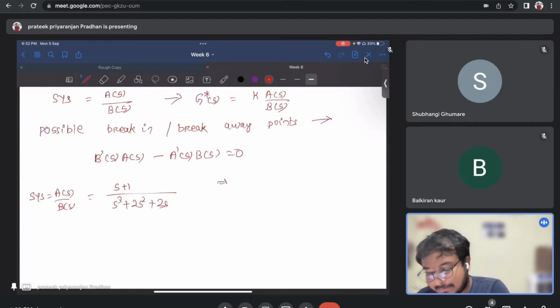That means my A of S is S plus 1 and B of S is equal to S cube plus 2S square plus 2S.